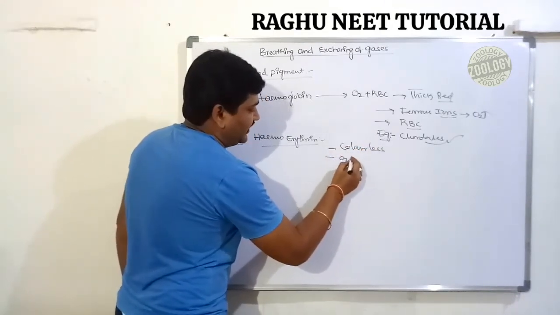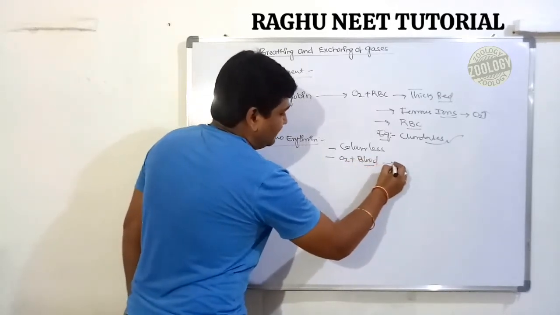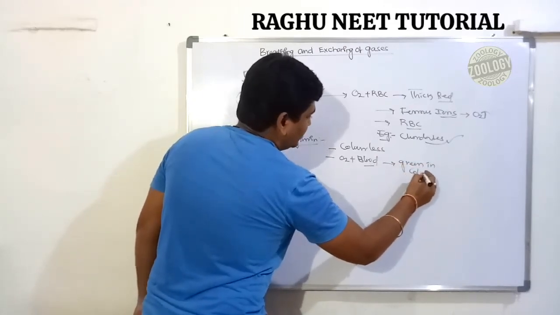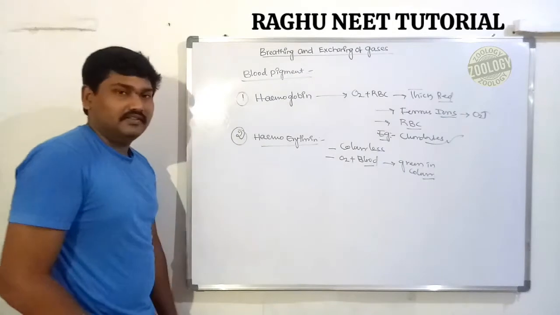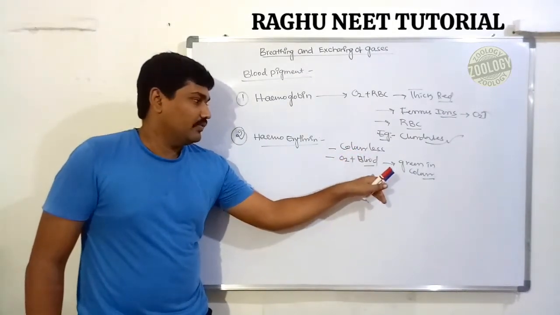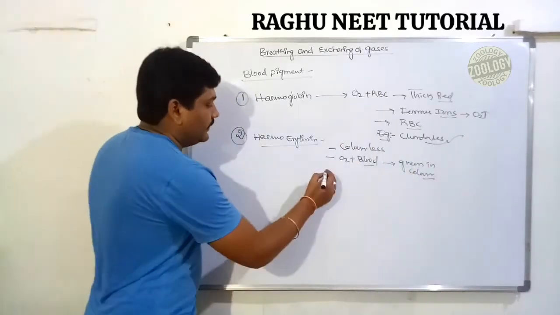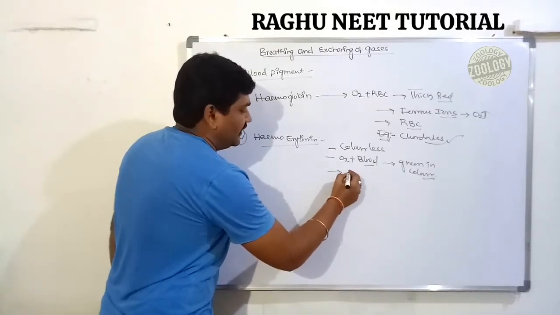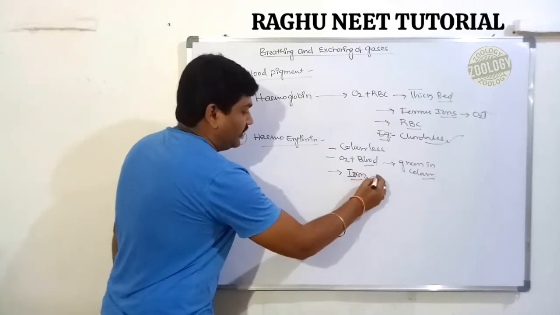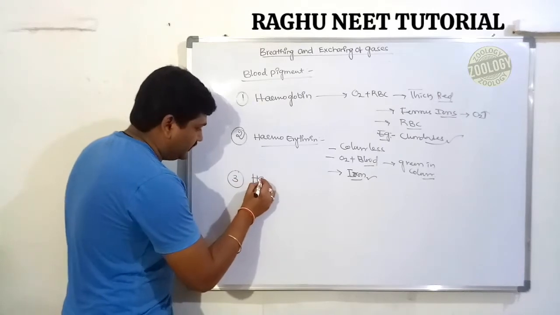When oxygen reacts with this blood pigment, it converts into green in color. It is a colorless blood, and when the oxygen reacts with it, it converts into green in color. It also has an iron metal content present.